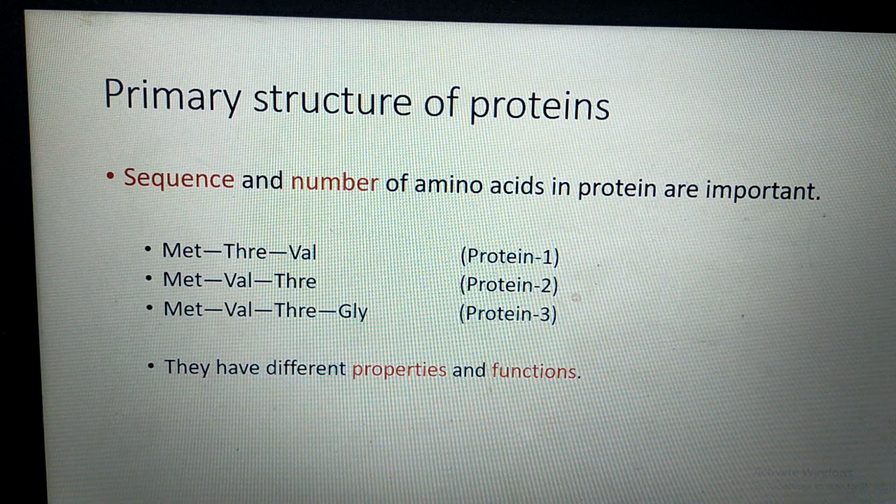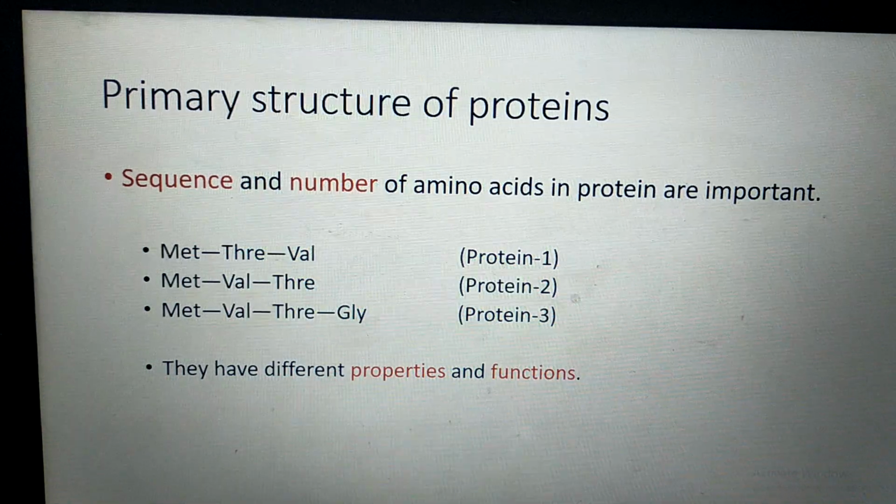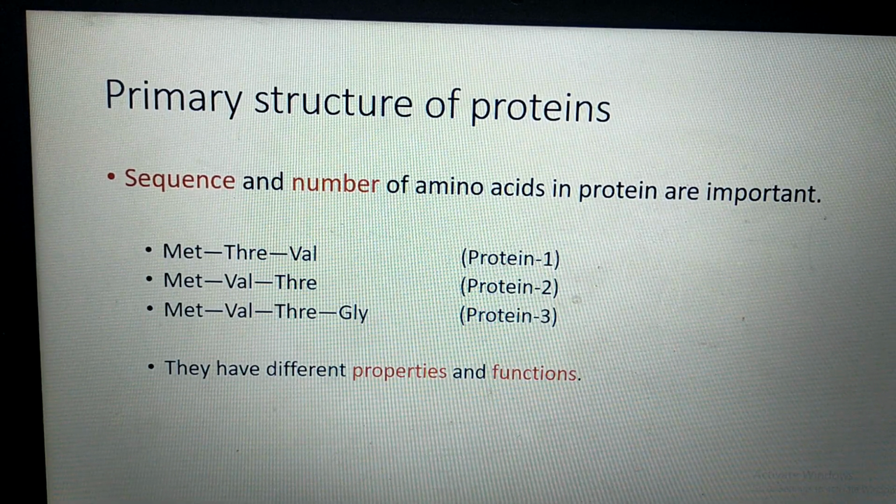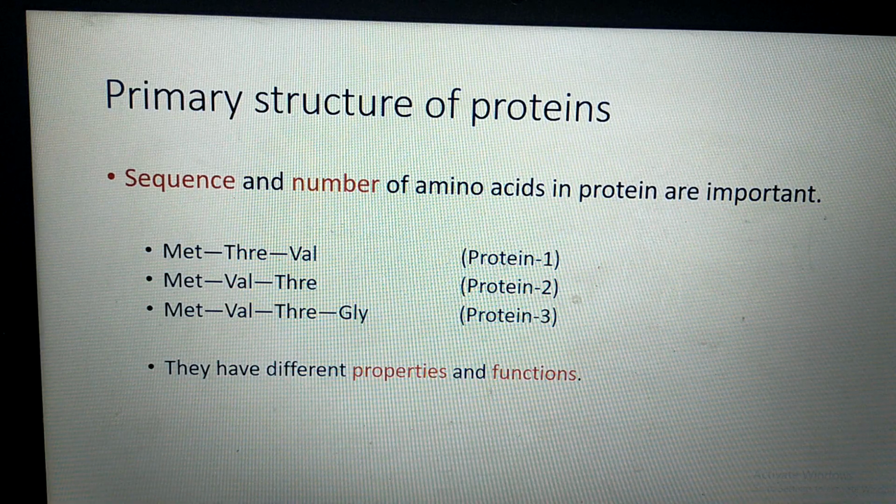So if the sequence of amino acids changes, new protein is formed. If the number of amino acids changes, new proteins are formed. And all these proteins have different properties and different functions. So when the primary structure of protein changes, that means sequence or number of amino acids changes, the property and function of protein also changes.